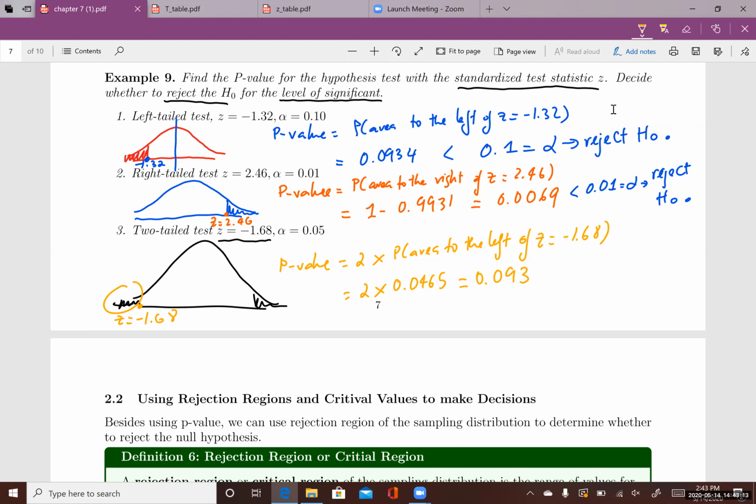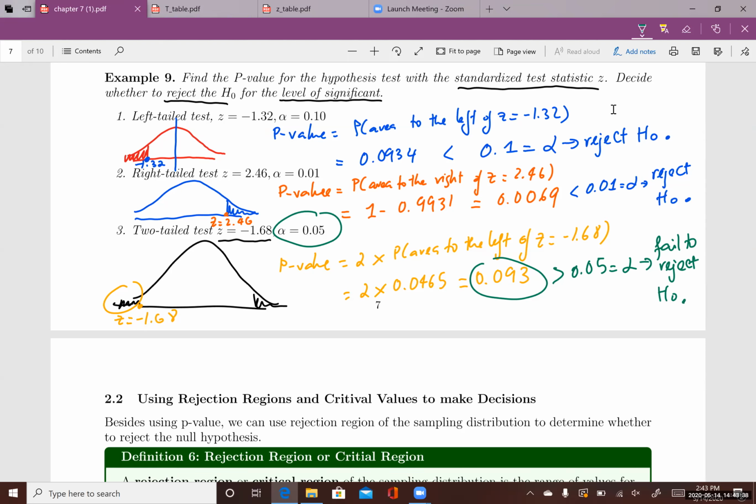And then you're going to compare this p-value with alpha. What is alpha? Alpha is 0.05 and 0.093 is greater than 0.05, which is alpha. So your decision is you fail to reject the null hypothesis.